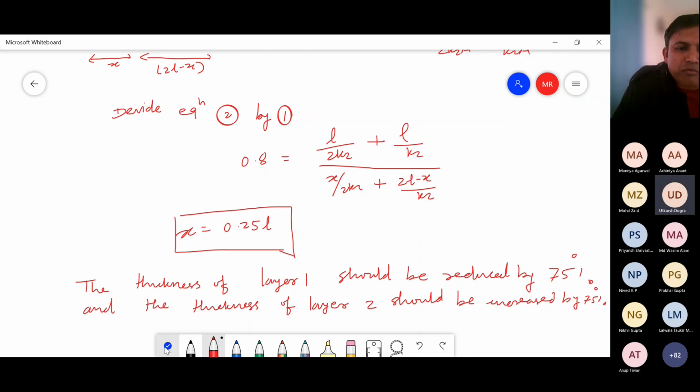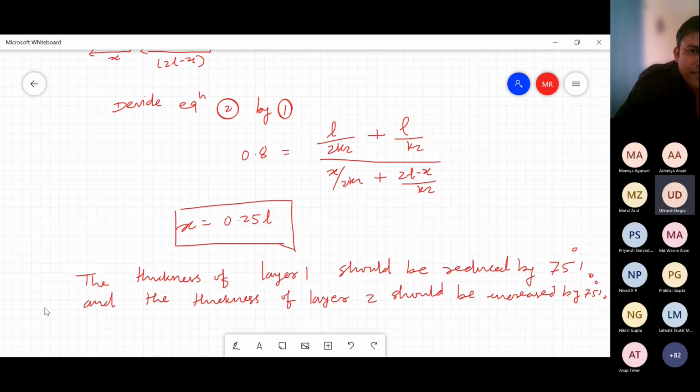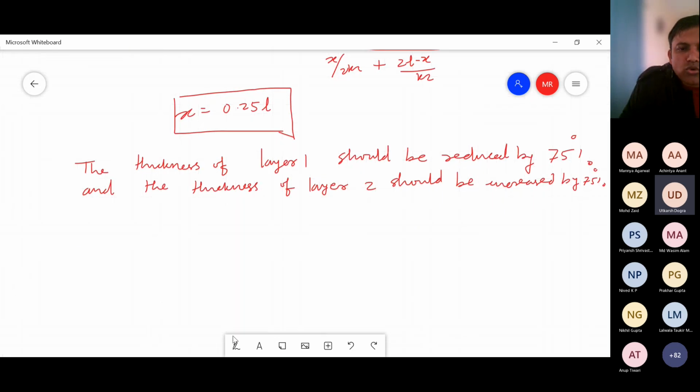Correct. This is the answer of the first part. Now in part B, what is being asked?